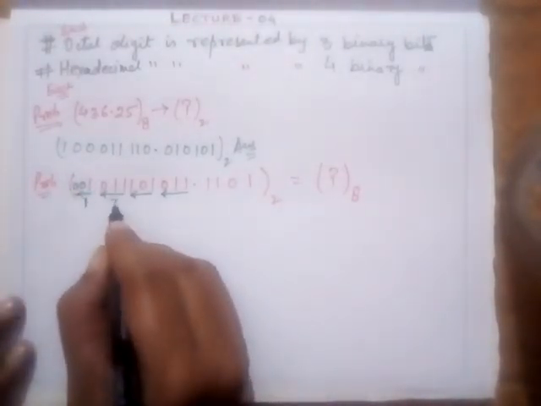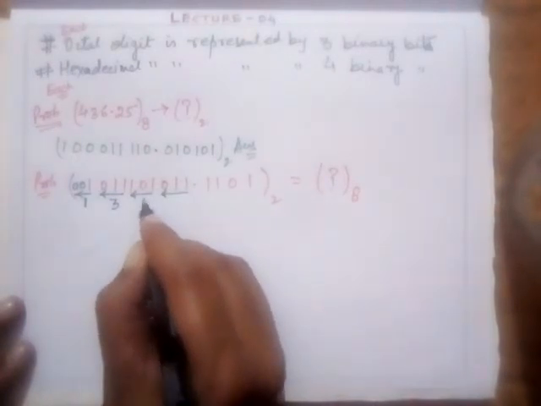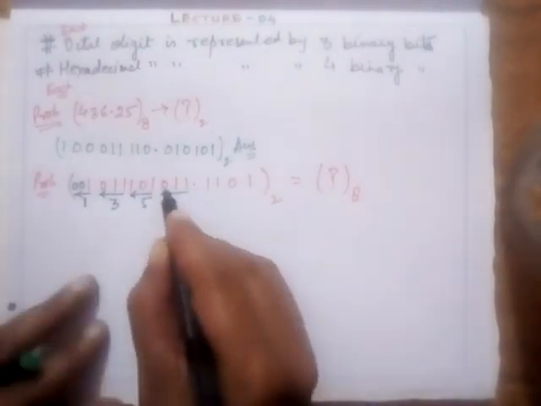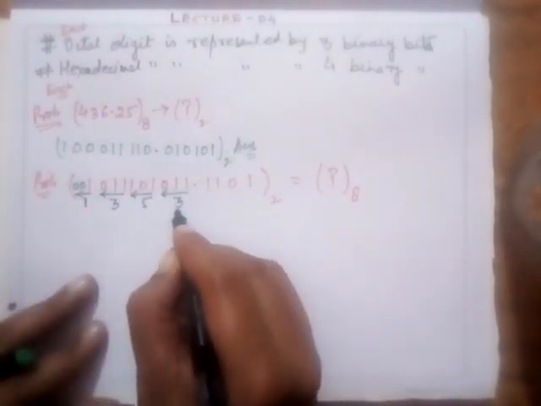It doesn't make any difference. And I make a group of 3. Now 001 corresponds to 1. Then 0, 1, 1 corresponds to 3. 1, 0, 1 is 5. 0, 1, 1 is again 3.